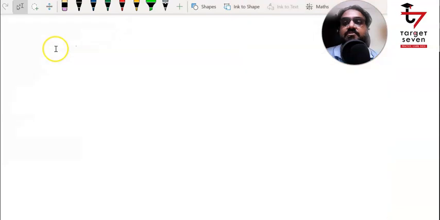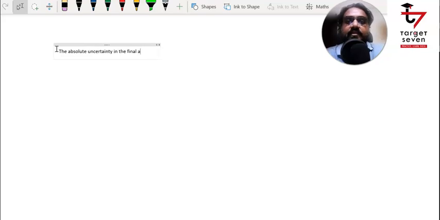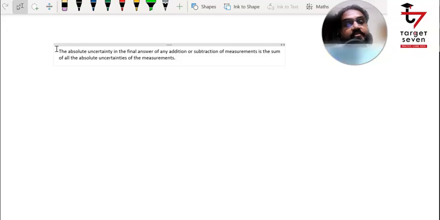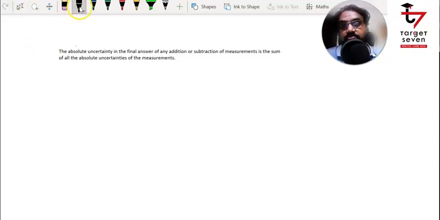Whenever we discuss the concept of absolute uncertainty, we need to understand that the absolute uncertainty in the final answer of any addition or subtraction of measurements is the sum of all the absolute uncertainties of the measurements. Well, let me explain this with the help of mathematical tools.